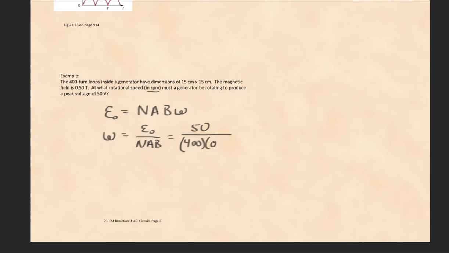Area, it's a square loop, so it's 15 centimeters or 0.15 meters by 0.15 meters times the magnetic field of half a Tesla. And if I plug all those in, I get 11.11111 radians per second.